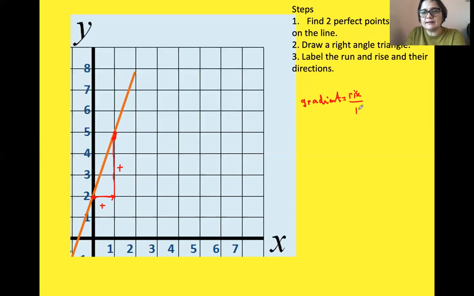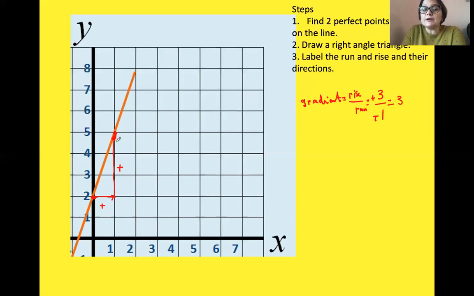Now we are going to count the units or the squares. So rise over 1, so 1, 2, 3. This is how much the rise is over 1. Both of them are positive, so positive over positive, and so the answer is going to be positive. So the gradient of the line is positive.